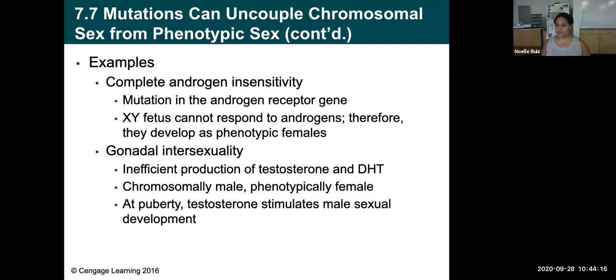There's a lot of mental illnesses that are just hormone imbalances. Gonadal intersexuality is a hormone imbalance. They don't produce enough testosterone and DHT. So they're chromosomally male, but phenotypically female again. And at puberty, testosterone stimulates male sexual development. So they're born phenotypically female, but at puberty, the testosterone kicks in and it switches over.